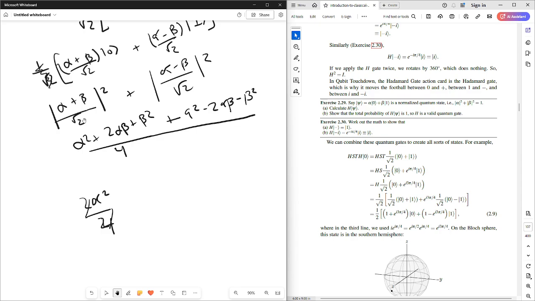Oh, you know what? It's plus. So we have 2a squared plus 2b squared. Oh, over 2. Oh, Jesus Christ. Thanks, chat. Over 2, because square root of 2 squared is 2, not 4. Georgia Tech grad student here. Over 2. So a squared plus b squared.